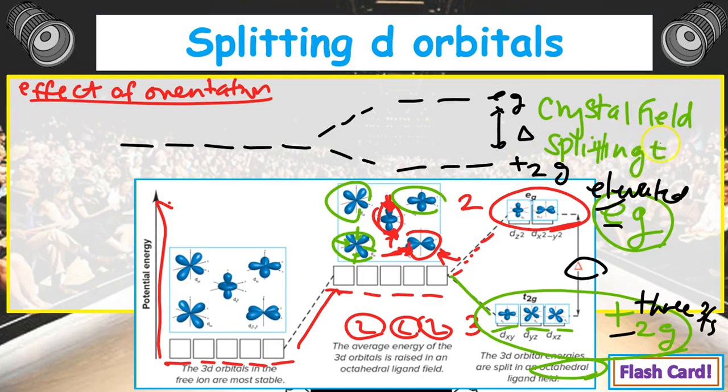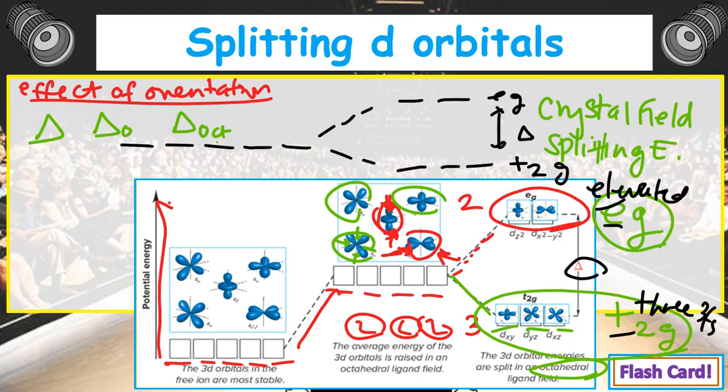Okay, splitting energy. Now, a lot of times you will see that delta. Sometimes you'll see delta O for octahedral, sometimes delta OCT, all because we're focused on how the d orbitals are split for the octahedral shape. If you had other shapes, tetrahedral, square planar, for example, then the d orbitals will split differently. But this is for octahedral, which is going to be our 6 ligands that we focus on for this course.